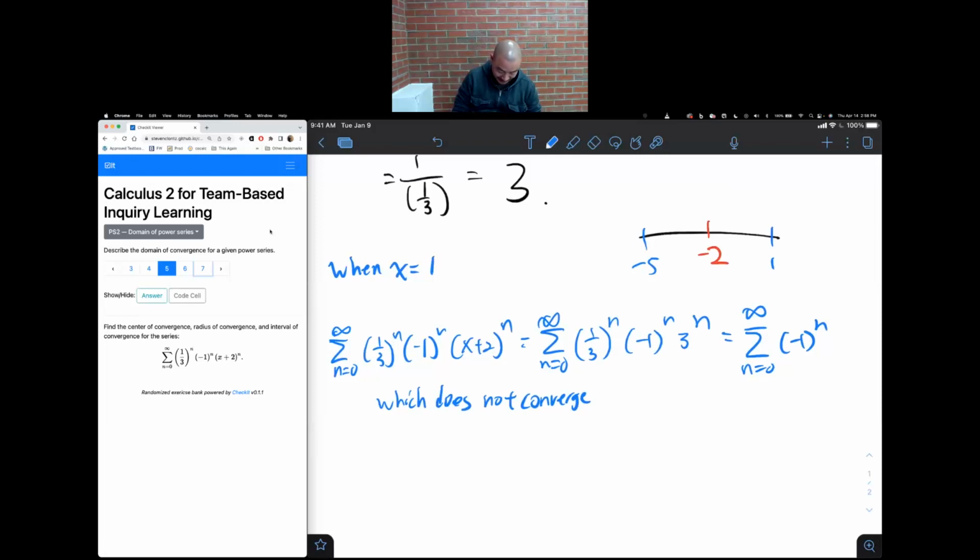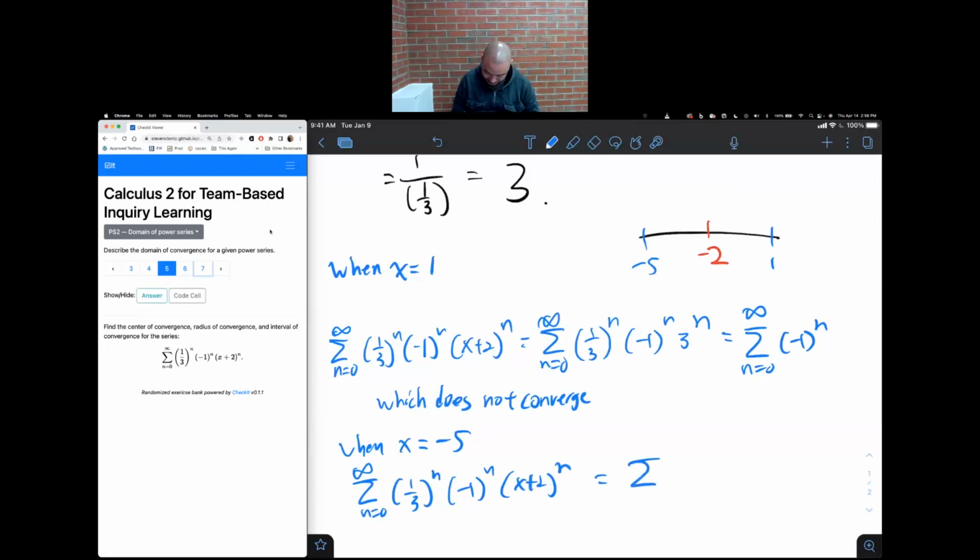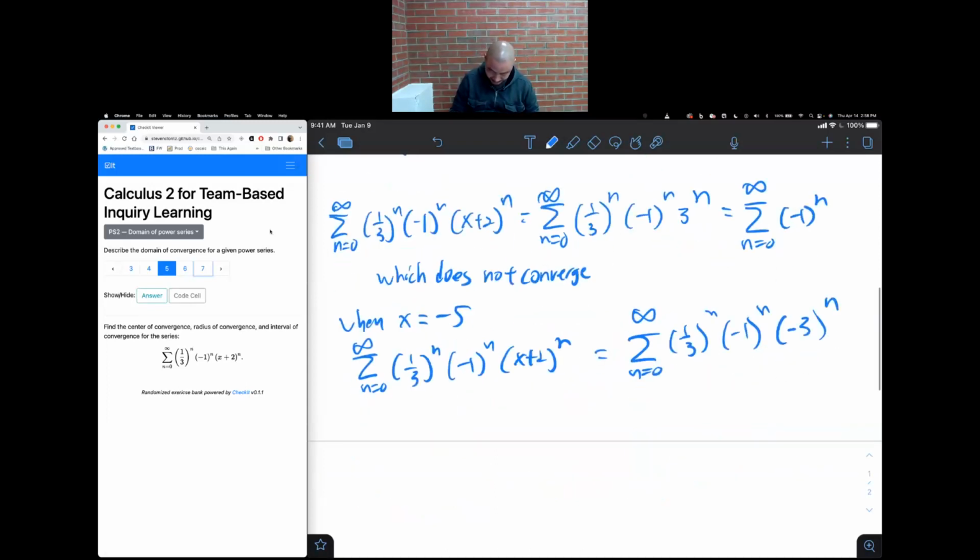On the other hand, when x is -5, the original series becomes the sum of (1/3)^n (-1)^n (-3)^n.